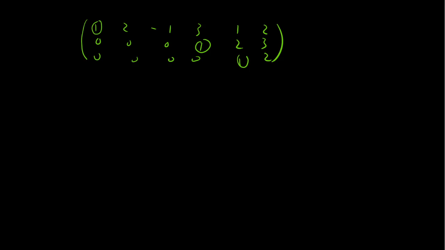Okay. To do that, you add negative 2 multiples of row 3 to row 2 to make this location 0. You add negative 1 multiple of row 3 to row 1 to make this location 0.